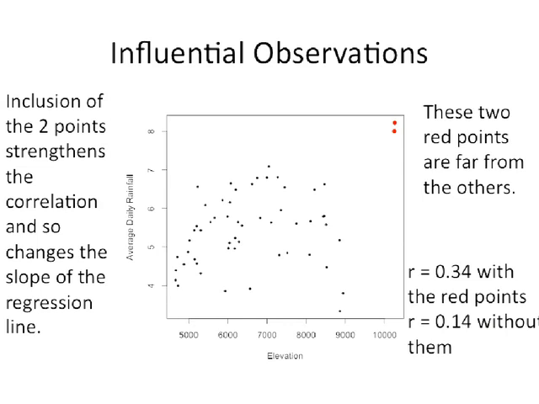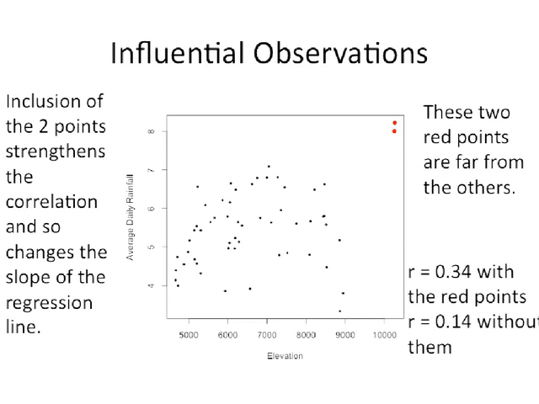Now it could be that those are really 2 legitimate points that you do want to include in your analysis, in which case you're happy that you are able to take measurements at that high of elevation and determine this relationship. And other times you might say, well, maybe there's something wrong with those measurements, and you check to see whether it's based on too few data or there's some unusual circumstances.